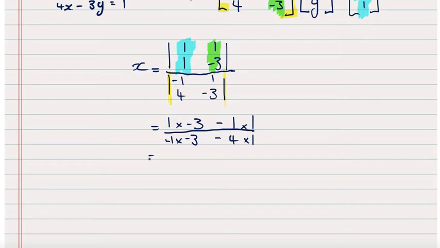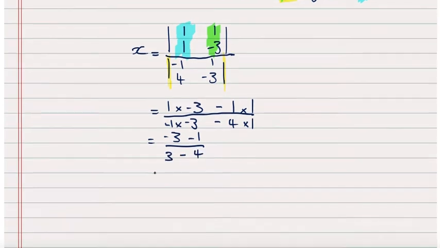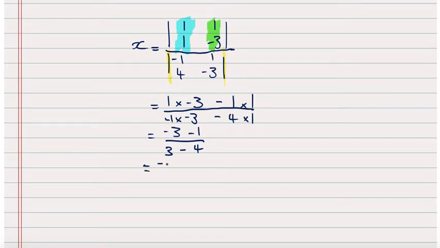Going down a little bit further, -3 minus 1, divided by 3 minus 4. One step further, we've got -4 up top, divided by -1 down below, and therefore our value for x is 4.